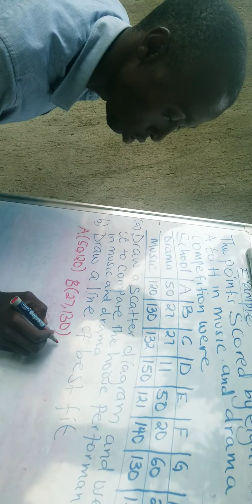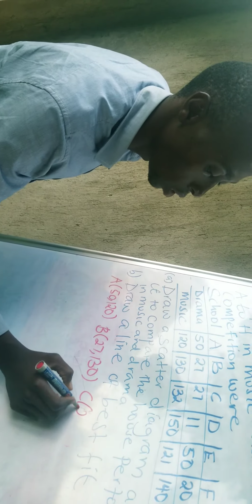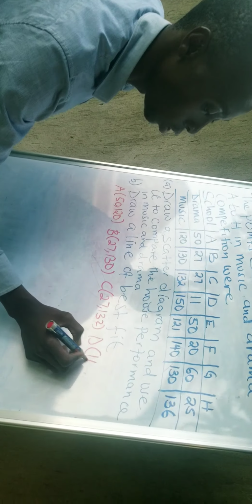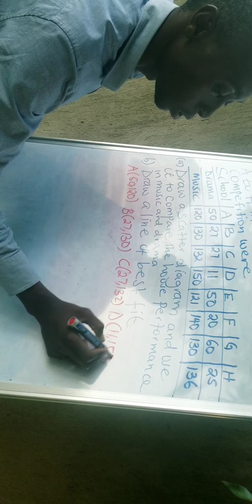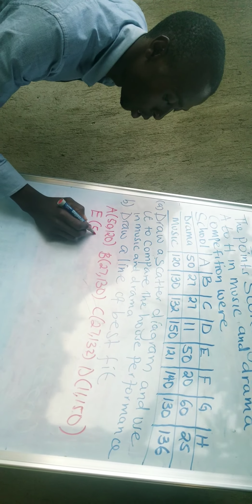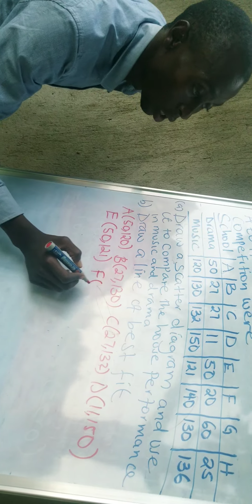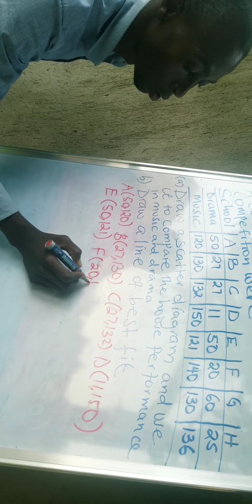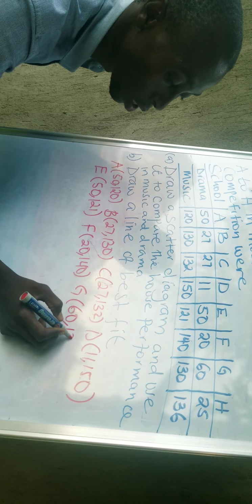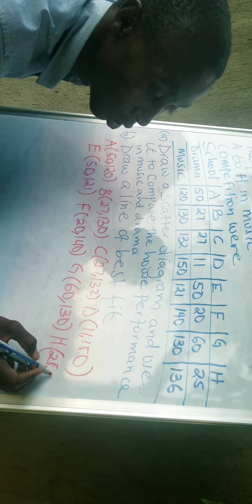Then school C is 27 and 132. Then school D, 11 and 150. School E, 50 and then 121. Then school F, 20 and 140. School G, 60, 130. School H lastly comes with 25 and then 136.